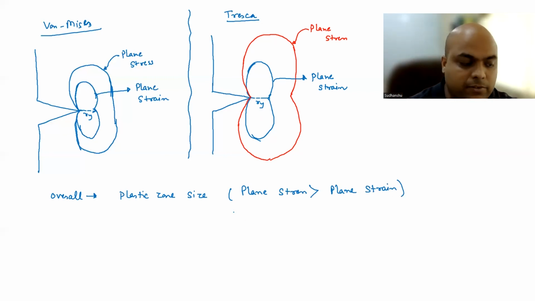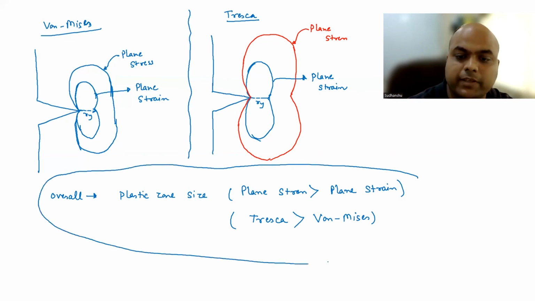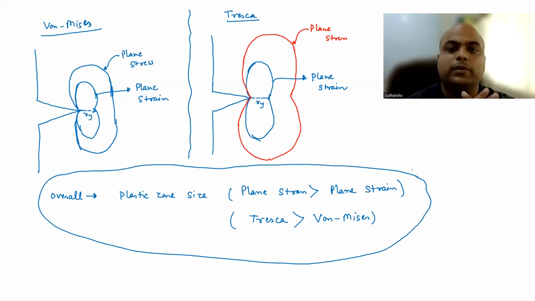And here if you see, it is more for Tresca than von Mises. Okay, so we have calculated the plastic zone size and shape for both von Mises and Tresca in this lecture.